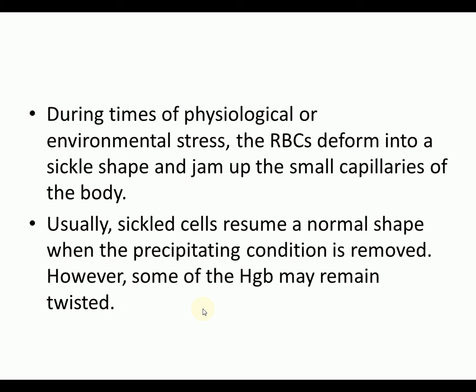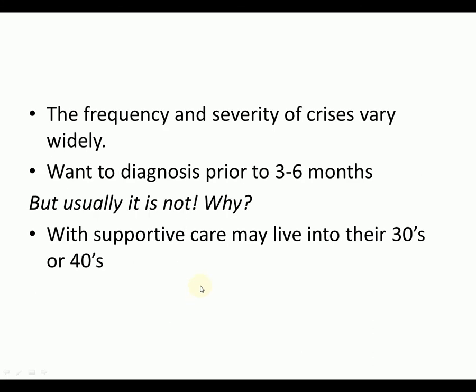Okay, during times of physiological and emotional stress, the red blood cells form into the sickle shape and jam up the small capillaries of the body. Usually sickle cells resume a normal shape when the precipitating condition is removed. However, some of the hemoglobin may remain twisted.